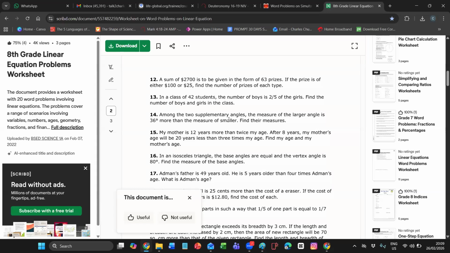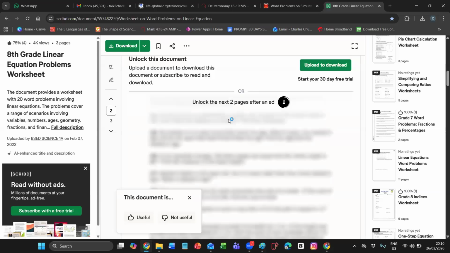Because the number of $100 prizes will definitely be different from the number of $25 prizes. I don't see them being equal. What do you think? Yes. Okay. So it's definitely going to be a simultaneous equation. How am I so sure? I'm so sure because the number of notes will be different, so that will give me two variables.